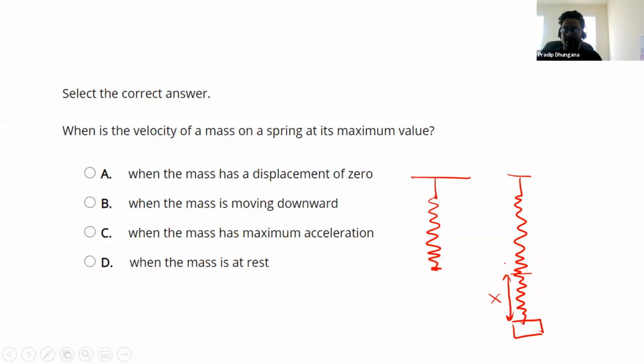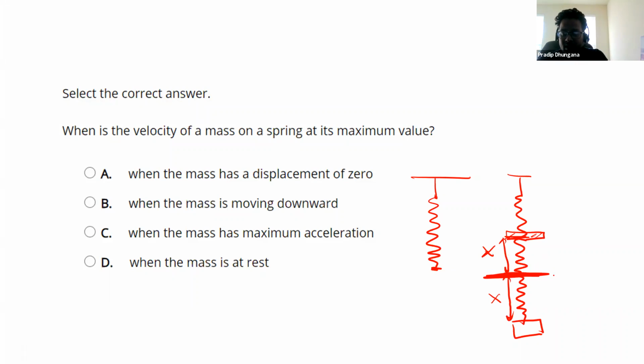And then if we release it, it will go back and forth. So it will go all the way back here at a certain point. That is also your compression, that is x. And this is the equilibrium position. This is the position when we didn't hang any mass, okay?